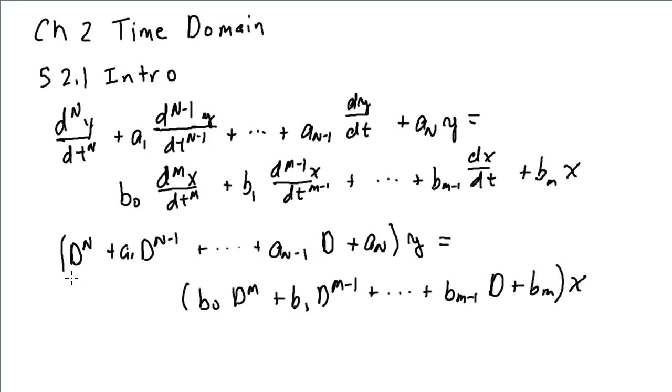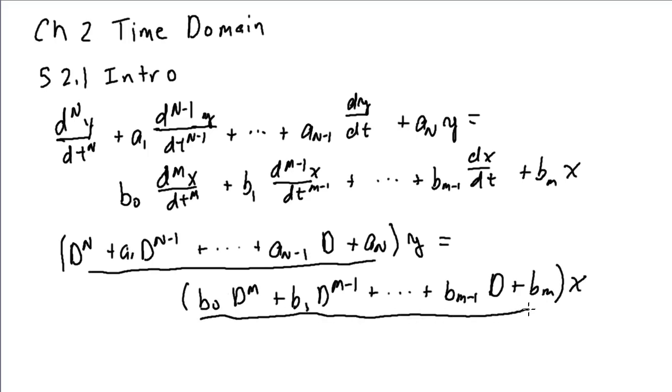Or more generally, we could recognize this as a polynomial expression in D involving the a coefficients, and this is another polynomial of Mth order in D.